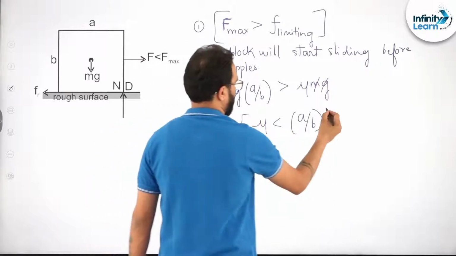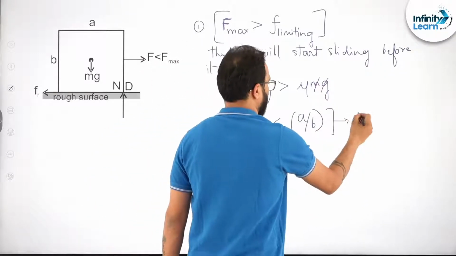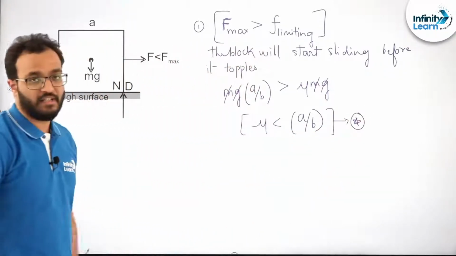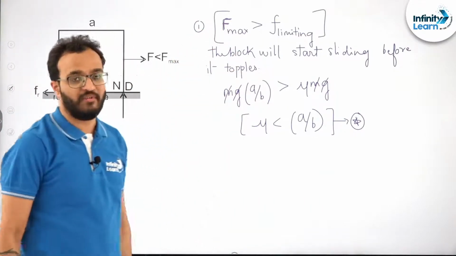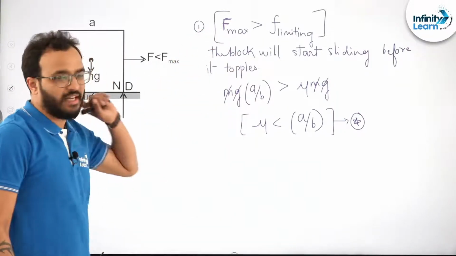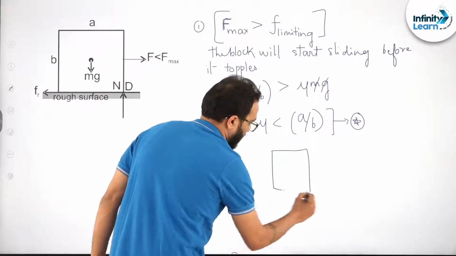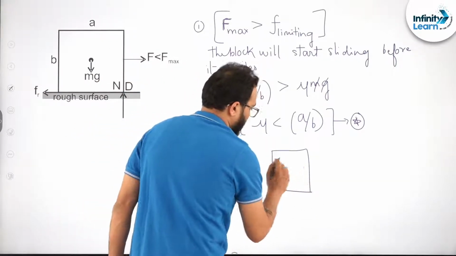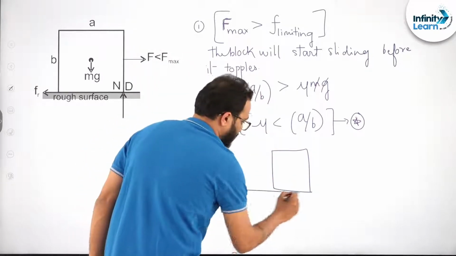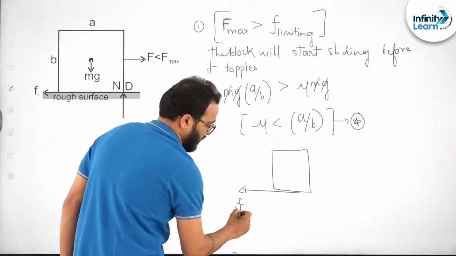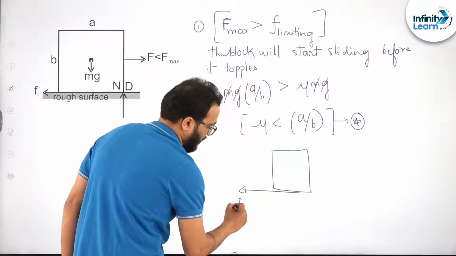Now this is a very important condition. Now see, one more thing. You might say, sir, if F is greater than F max, then what will happen? Will the block slide? See, if it is acting on center of mass, then we have one more advantage here, students. Suppose the block has started sliding. So the friction is constant. Friction is Fk or Fl, whatever it is.